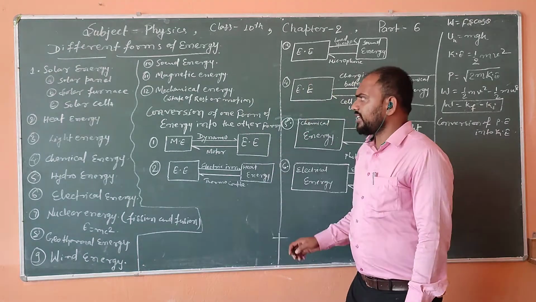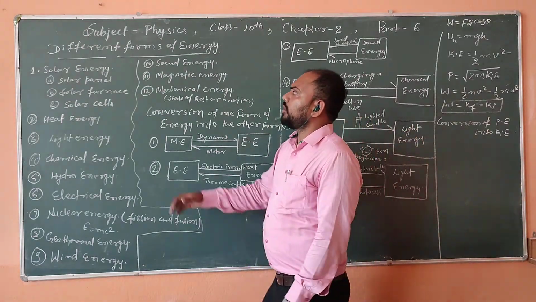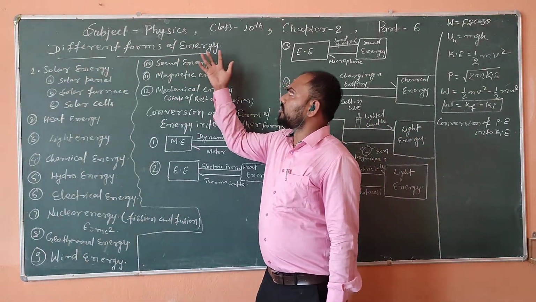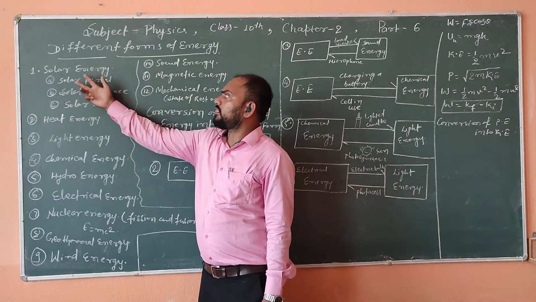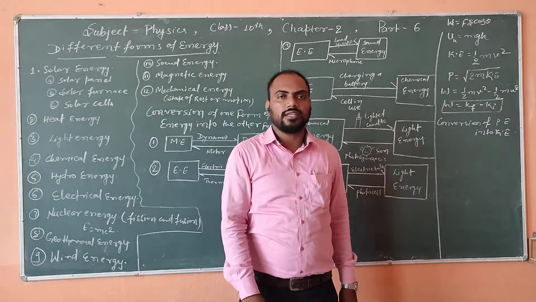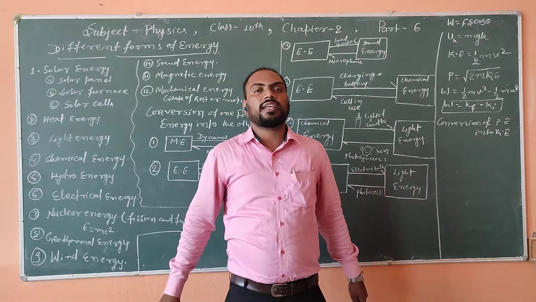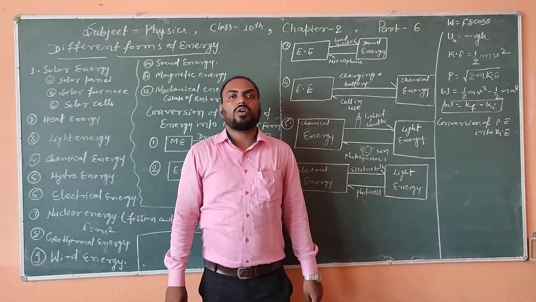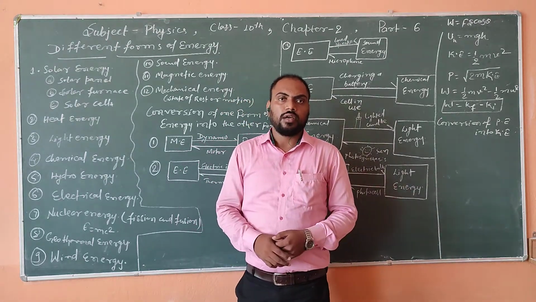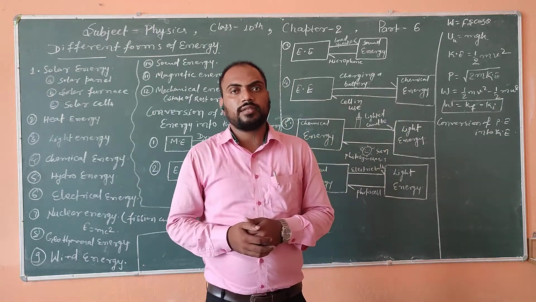Okay, dear. So I am going to start different forms of energy. First is solar energy. Solar energy, the energy which we get from the sun, is called solar energy. How do we use solar energy?